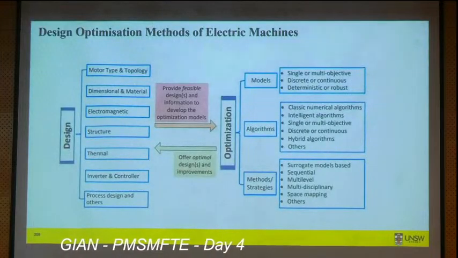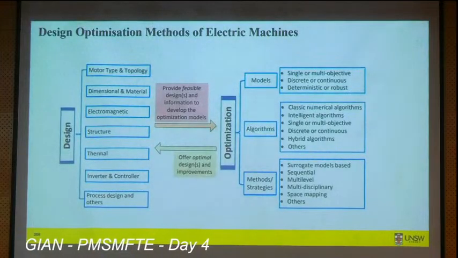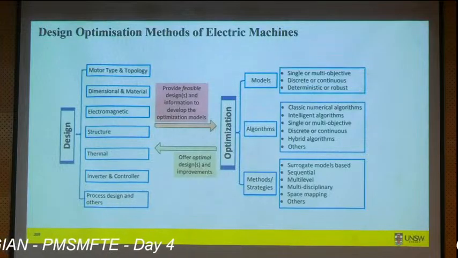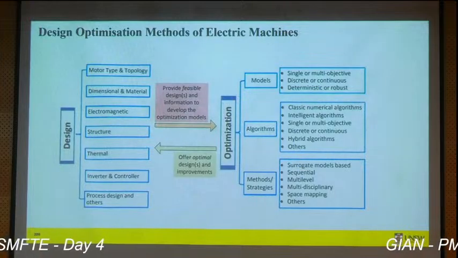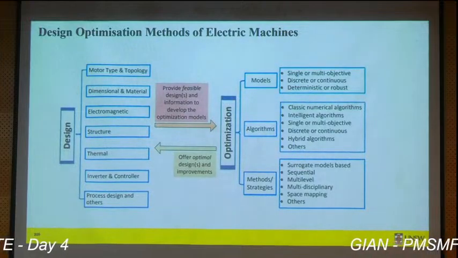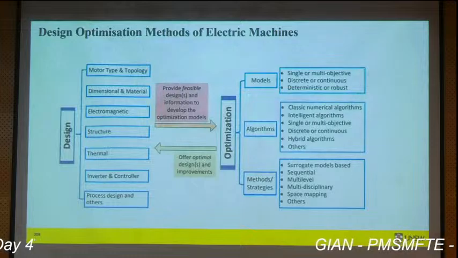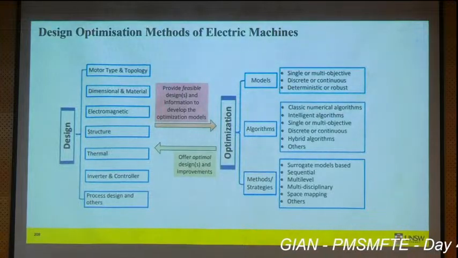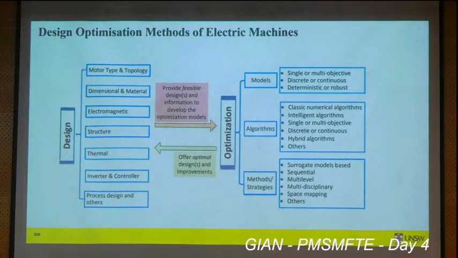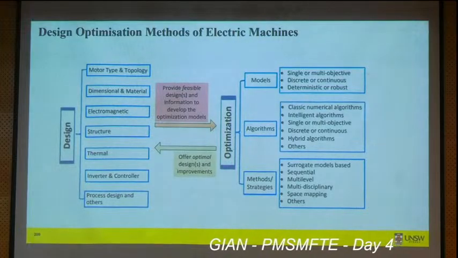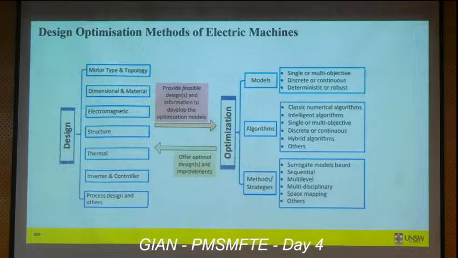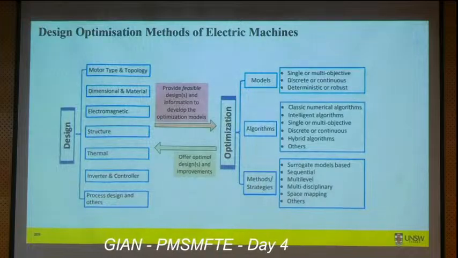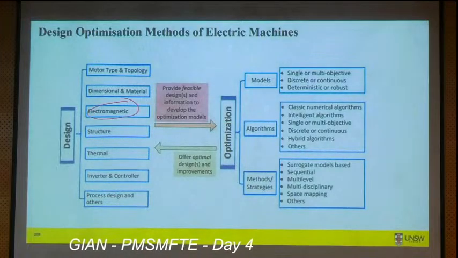Here you can see a very general process for any electric machine, this design optimization method. We could look at type and topologies, material and dimensions. We can optimize it just for electromagnetic performance, okay?